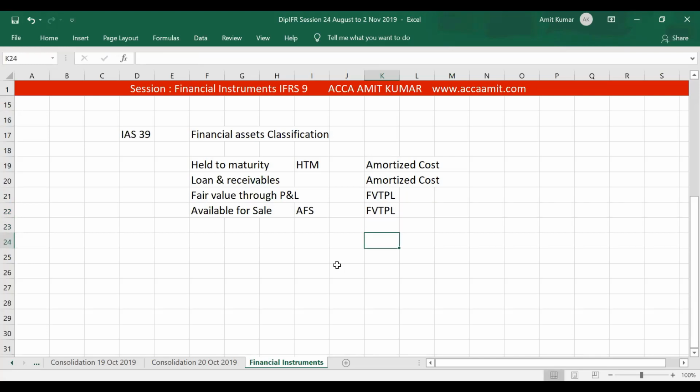First, I classify them into 4 categories and then I reach a conclusion that I need to measure them either at amortized cost or fair value. Can I look for an easier method, where I directly conclude that the financial assets classification should be based on whether they are measured at amortized cost or at fair value through P&L?